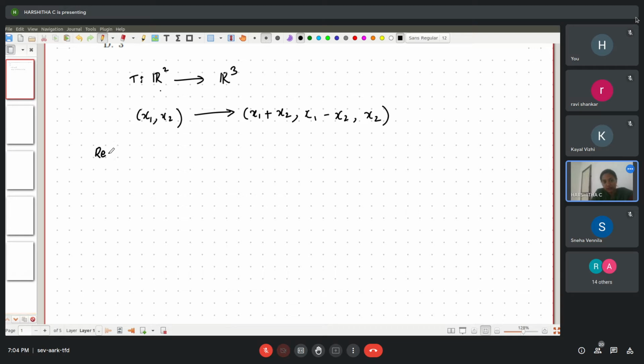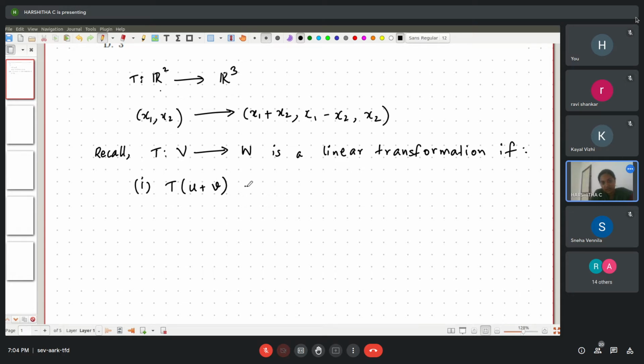So recall, if you have T from some vector space to another, it is a linear transformation if the first condition is T of u plus v should be T of u plus T of v.